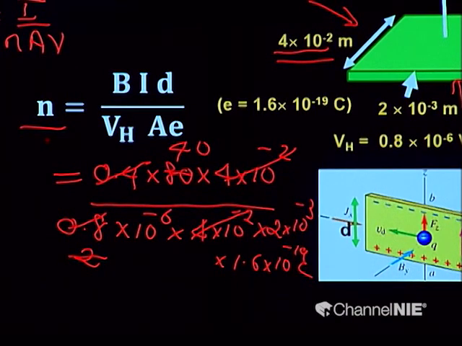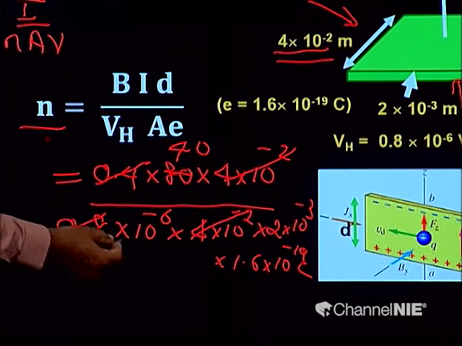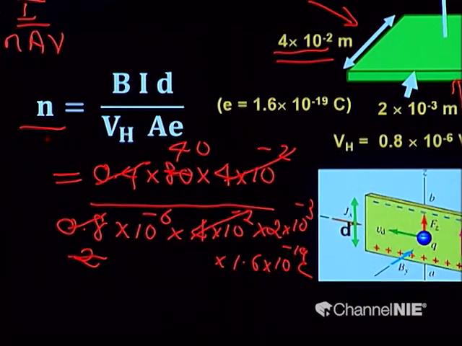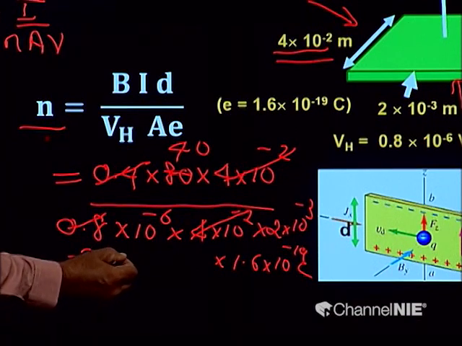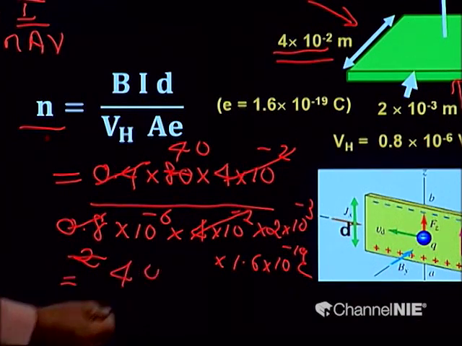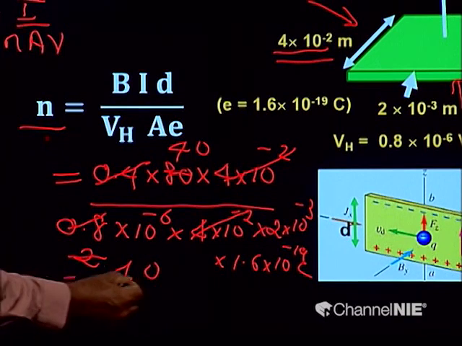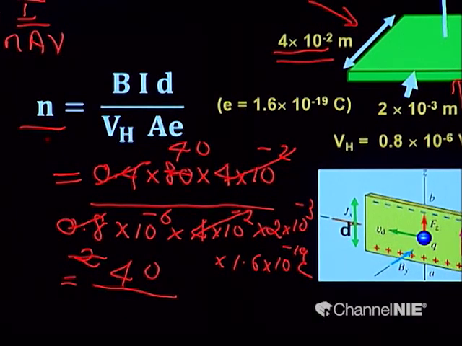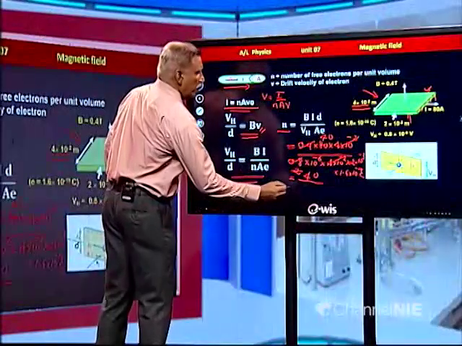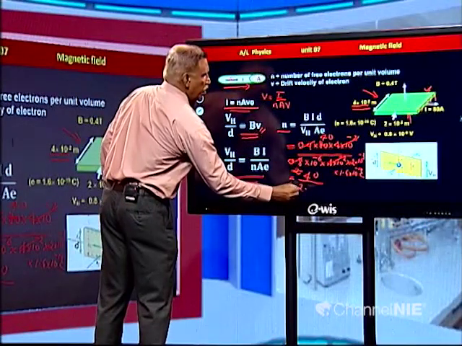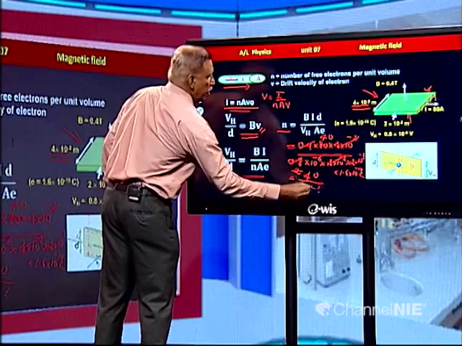Okay. So, 10 to the power minus 6 into 10 to the power minus 3, 40 over 2 into 1.6.